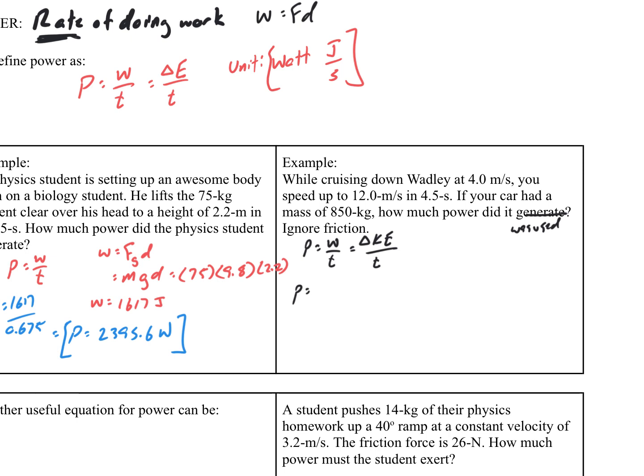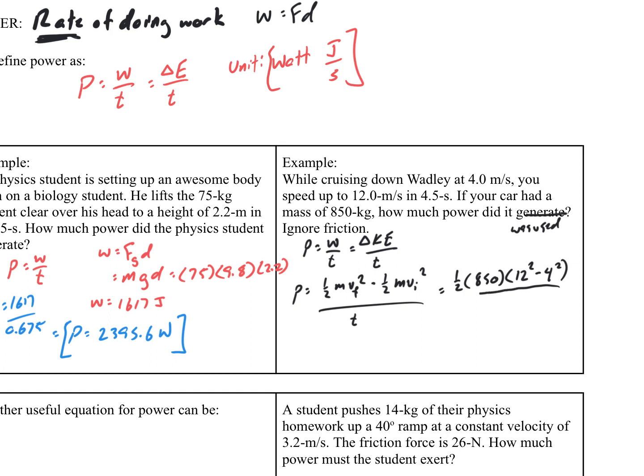So I would rewrite this to make it look something like this: 1/2 m vf squared minus 1/2 m vi squared over the time. And that's just showing me how that changes. I'm going to write it in a factored form, which makes things a little cleaner to use: 12 squared minus 4 squared.